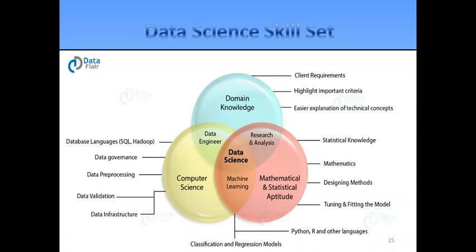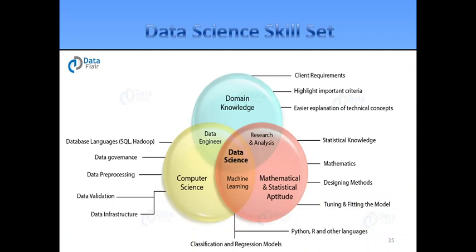In mathematical and statistical aptitude, we cover statistical knowledge, mathematics, design methods, and tuning and fitting the model. In computer science, we use programming languages like Python, R and others, and different kinds of models like classification and regression models.